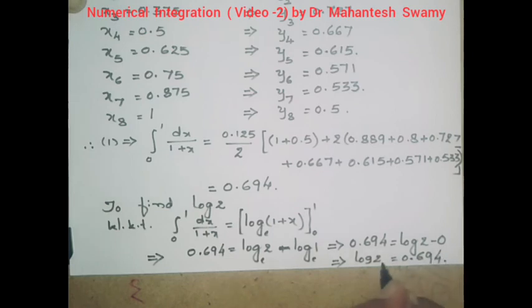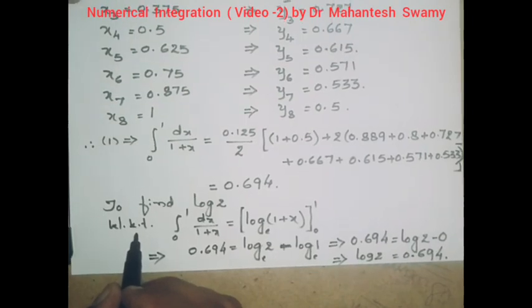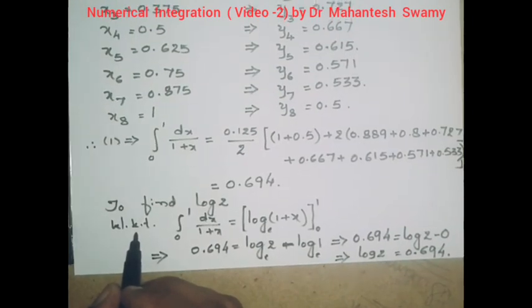This is how we have computed the approximate value of log 2 using the trapezoidal rule. In this way we can use the formulae of numerical integration to evaluate definite integrals. We will work out a few more examples on numerical integration. Therefore, please keep watching the next videos. Thank you very much.